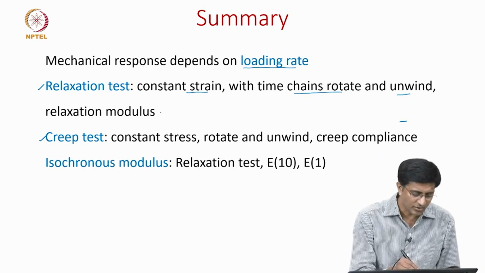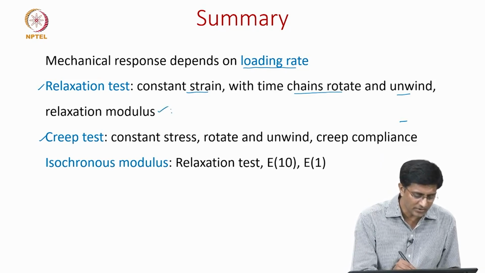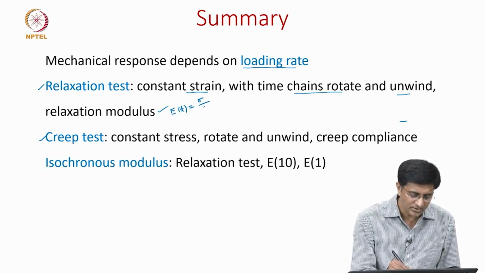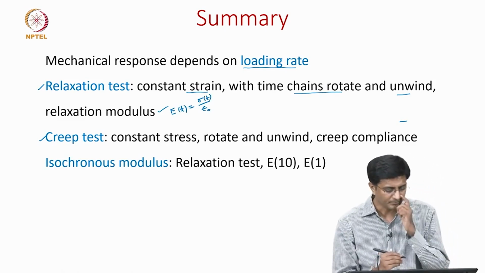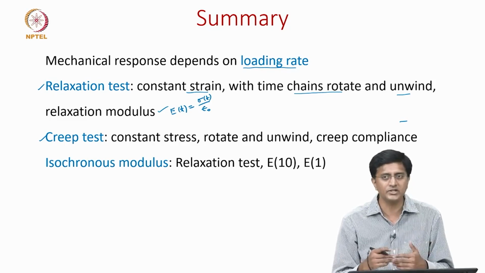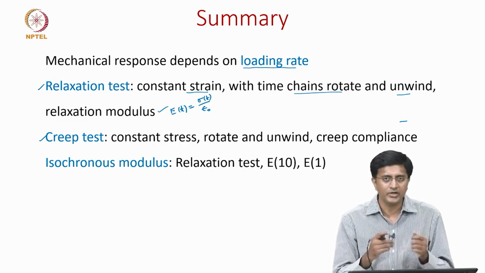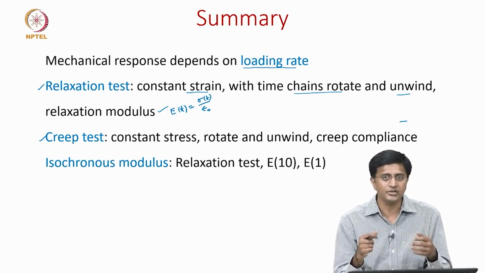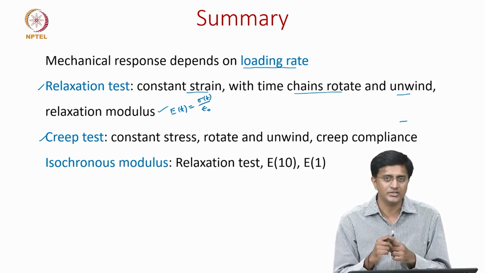We also discussed the relaxation modulus, which is a function of time and is given by stress divided by strain. Strain is constant and stress is a function of time. Similarly, for creep, the input is a constant stress and we measure the strain as a function of time.